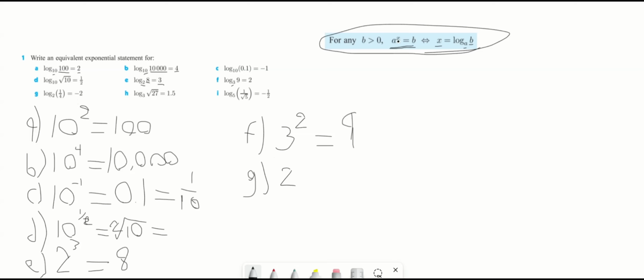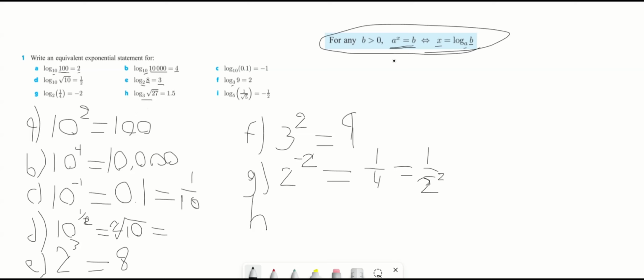So since x here is negative 2, we do 2 to the power of negative 2, and b is 1 over 4, so this equals 1 over 4. More specifically, it equals 1 over 2 to the power of 2. So it does work.